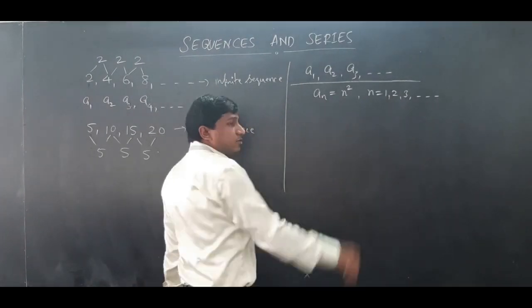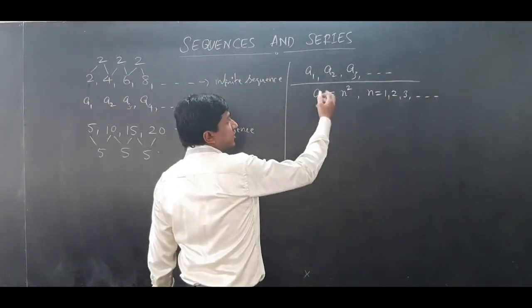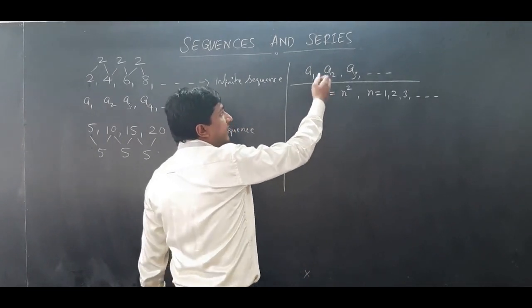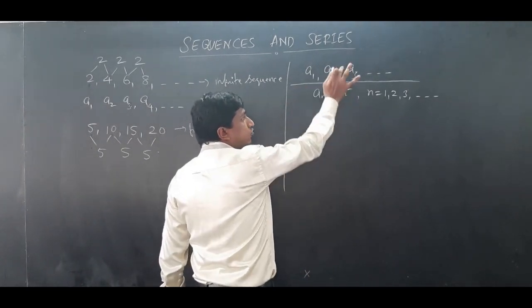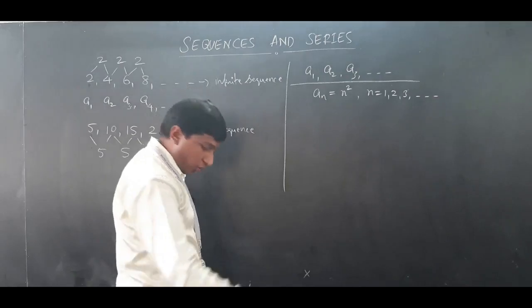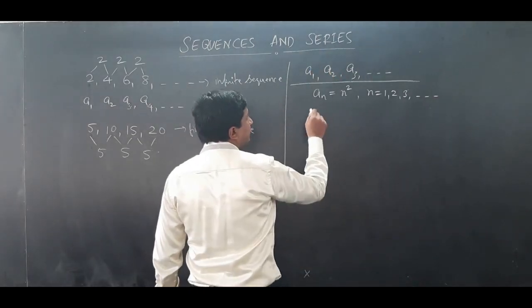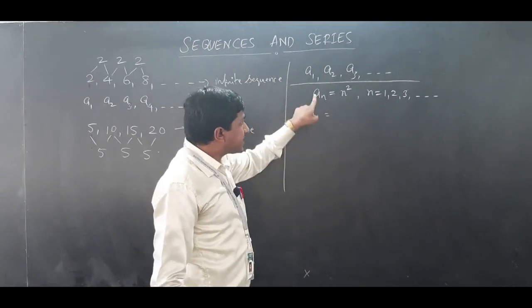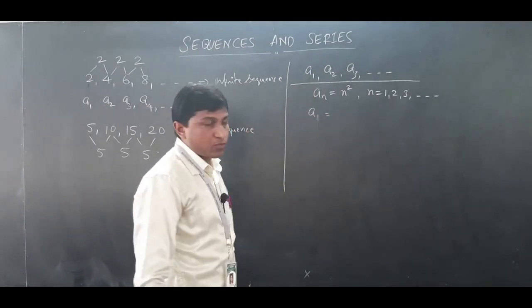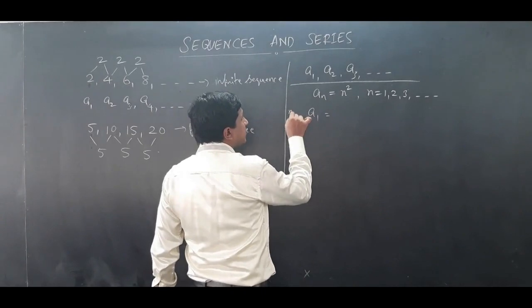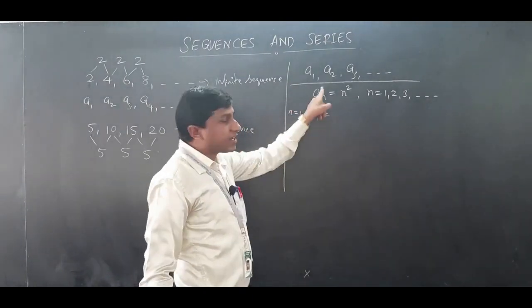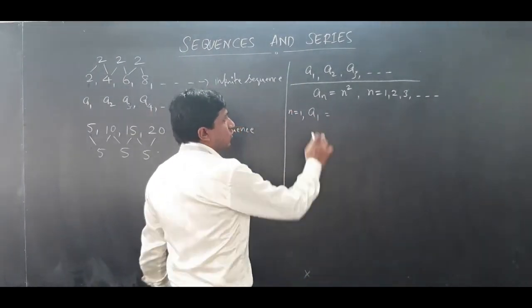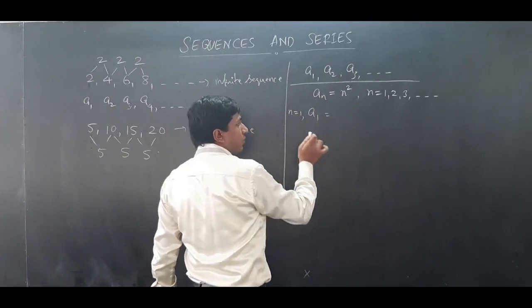Now, to write the terms of the sequence, how is the general form of a sequence? We can take it as A1, A2, A3 and so on, right? Now, how do you find out A1? Look at this, A_n equals n square. So, when n equals 1, we can write A1. I am putting the value n equals 1.